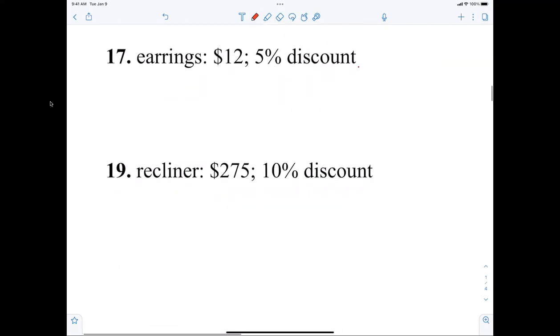All right, Mallory, we're on 17. So paying 95. Yes. So 0.90. And then times 12. You are amazing.